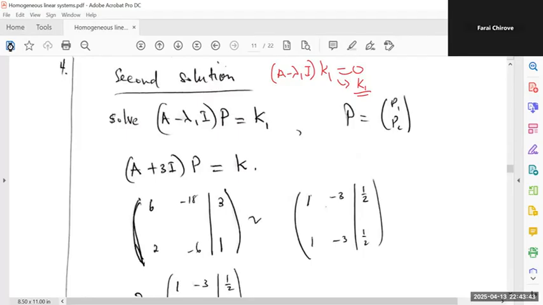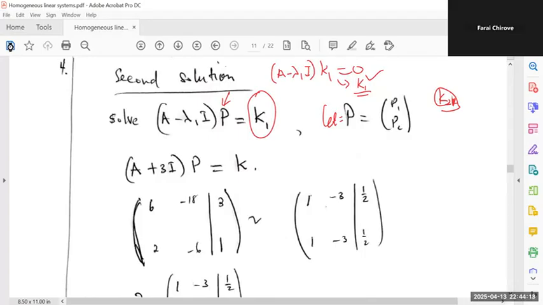So now to find the second one, we could just call it P. I know in the general formulation of the eigenvectors of the other solutions, we called it K2, 2 1, something like that. But let's just call it P. So now, since we know K1, we use K1 to find the second one. Let the unknown one be equal to P.